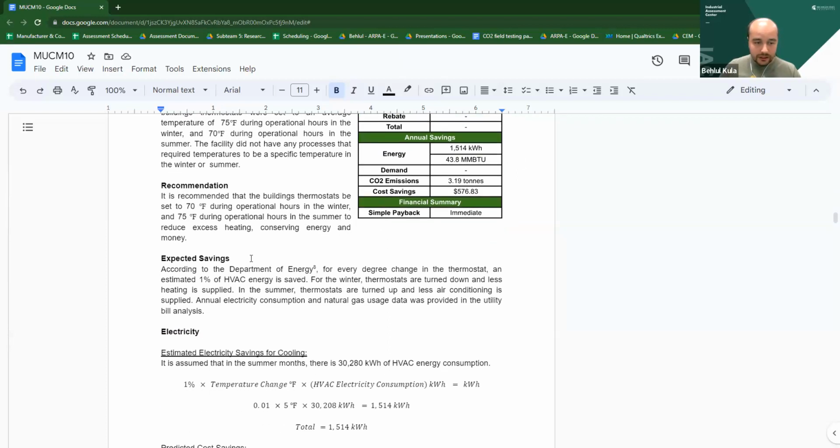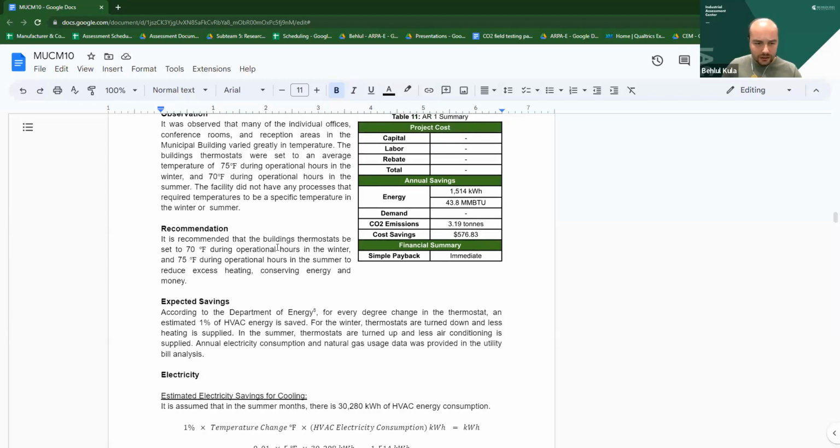And so, here is just a rough estimation according to the Department of Energy. For every degree change in thermostat, around 1% of HVAC energy is saved. So I think you can use that rough estimation. Here we calculated this according to 70 degrees during the winter and 75 in the summer.